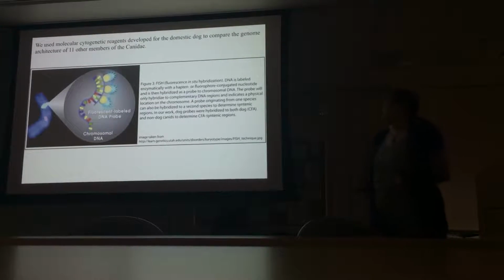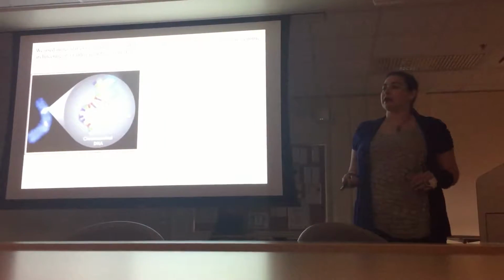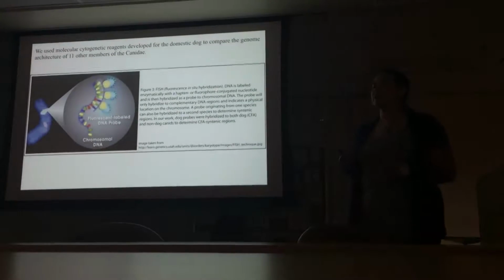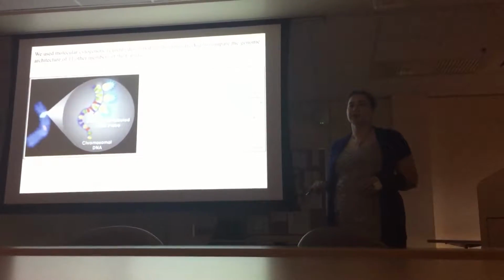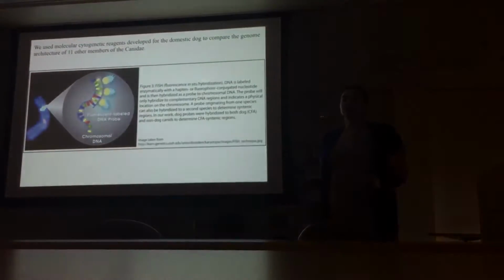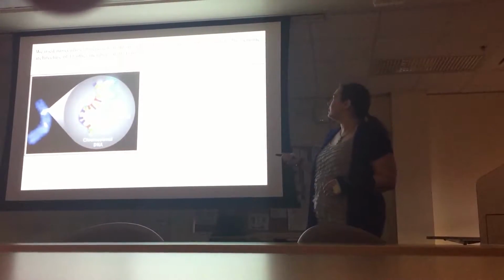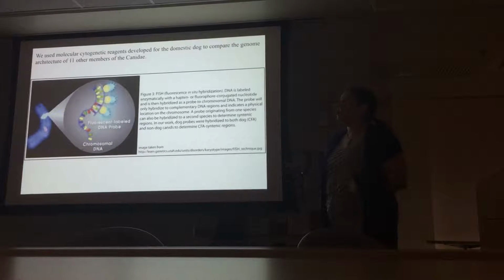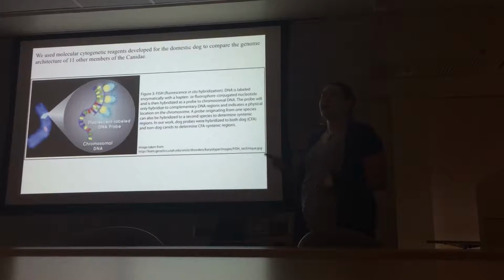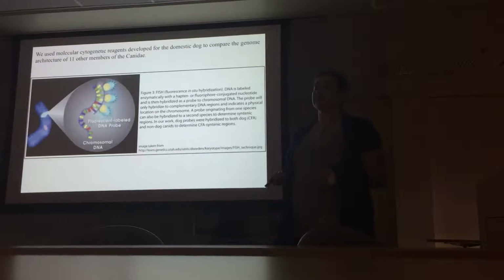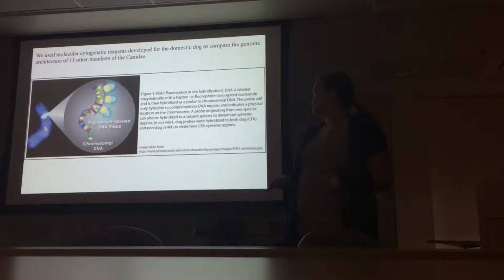So just a little bit of background of one of the major techniques that I used. This technique is called fluorescence in situ hybridization. Essentially, what you do with FISH is that you will use a sequence of interest, and this is labeled with usually a fluorescent tag, sometimes a hapten tag.